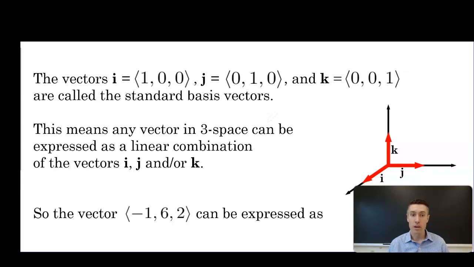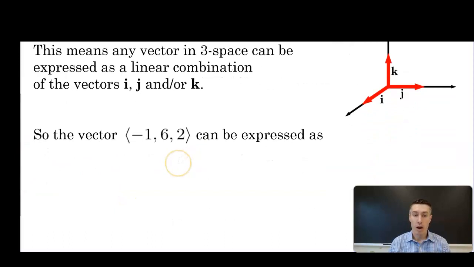So throughout this video, we've been using vector brackets. We're going to introduce a second way to write a vector, and that's going to be as a combination of i's, j's, and k's. So the vector -1, 6, 2 can be expressed as -1i plus 6j plus 2k.